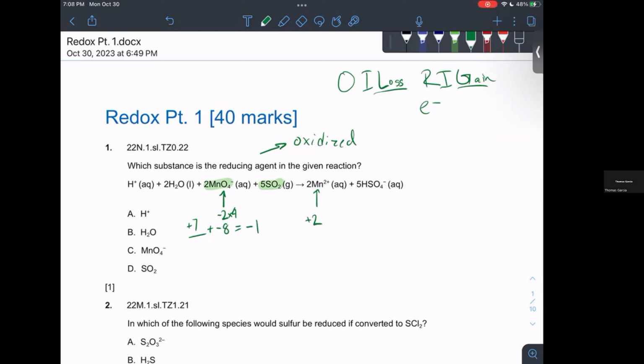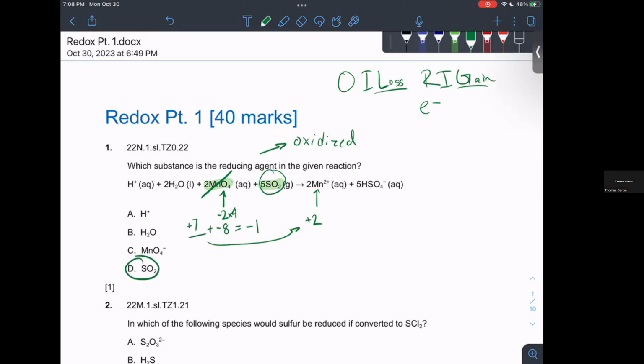Ooh, looks like manganese is reduced. It gained electrons. From a 7 to a 2 is a gain in electrons. It went down. Therefore, it cannot be manganese. Therefore, our answer is sulfur in the sulfate compound, D.